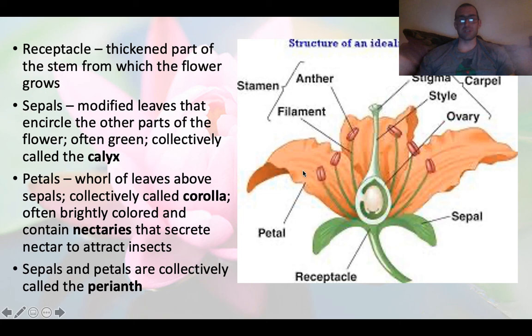We then have petals, which again are modified leaves that you find above the sepal. Collectively, all the petals are called the corolla. And our petals are often brightly colored to attract various pollinators. They may contain nectaries that are going to produce a sugary substance to attract pollinators. And then the sepals and the petals collectively are called the perianth.